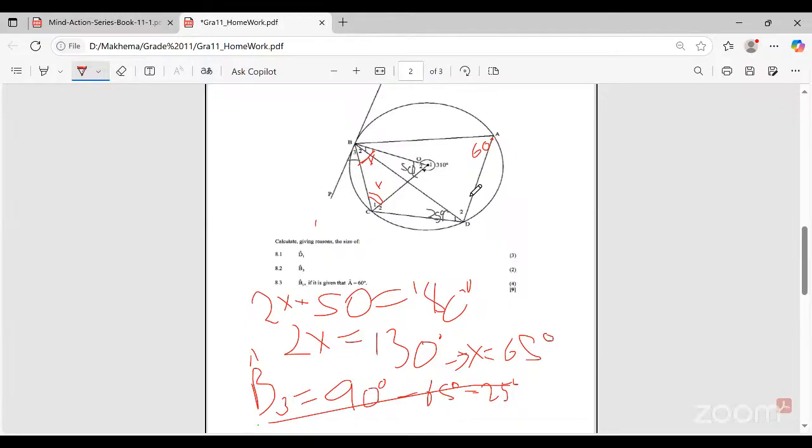Anyone with some idea? Oh, we said this is a quadrilateral, exactly. We can get this, and if we got this, we can get that. Oh, this is nice. Anyone with an idea, guys?